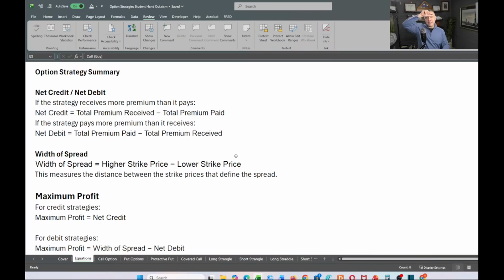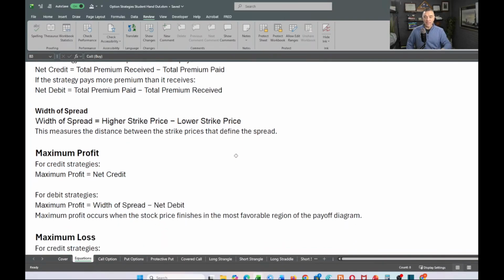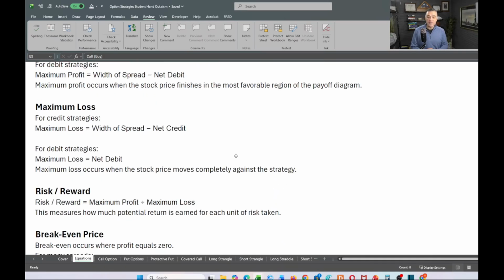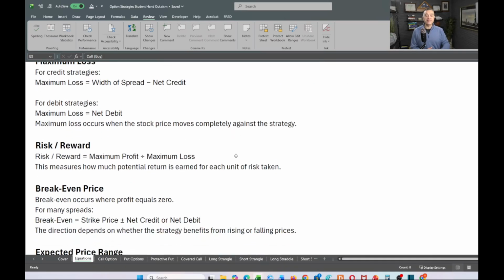This is more advanced. Some of my courses, I will not have this part of the grade, and I'll show you how the grade is separated. But we have to find net credit, net debit. We have to find the width of the spread for some strategies to figure out our maximum loss. We want to find out what the risk and reward of it is.